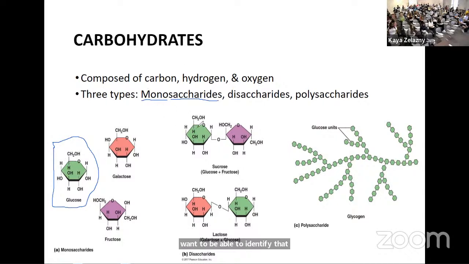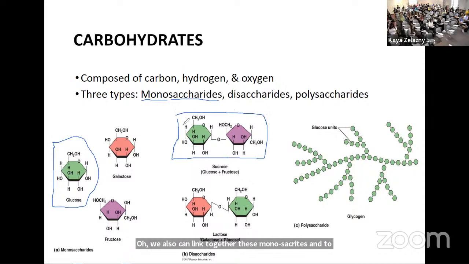But we also can link together these monosaccharides into disaccharides, which have 2 monomers linked together, or polysaccharides that get big. So each of these in this glycogen molecule, a polysaccharide, is a separate ring of glucose.